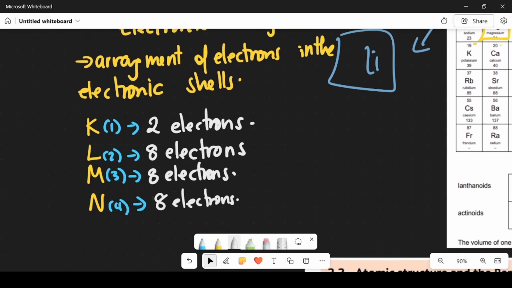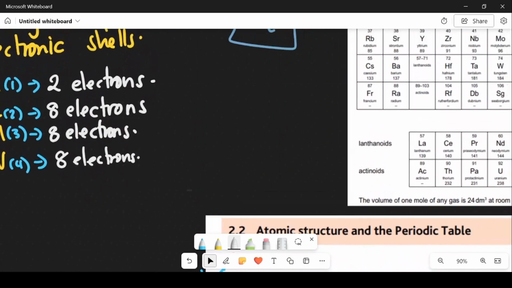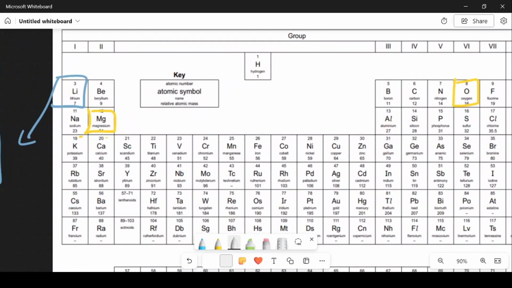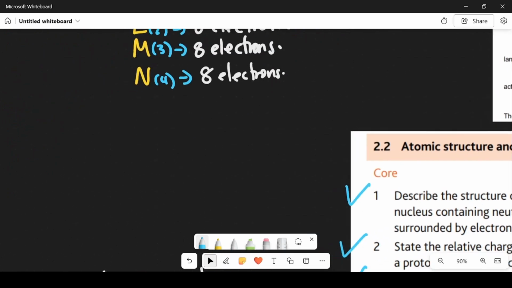Alright? So, if I get my element, for example, let's take boron with a proton number of 5. Alright? So one thing I'd like to note, I'm going to write it in red.